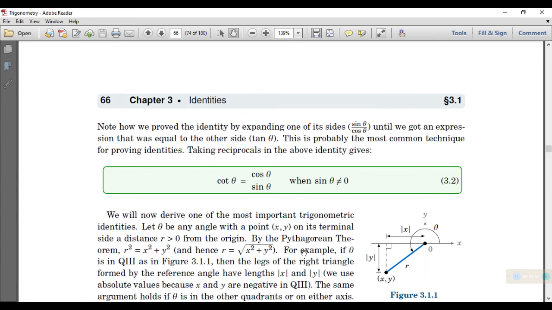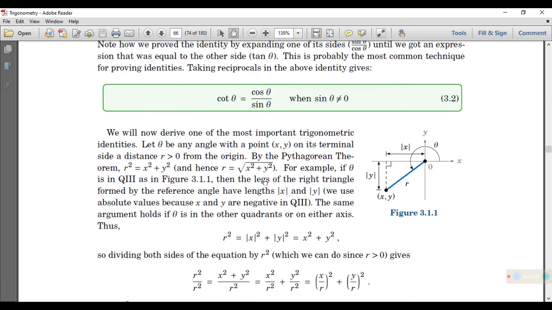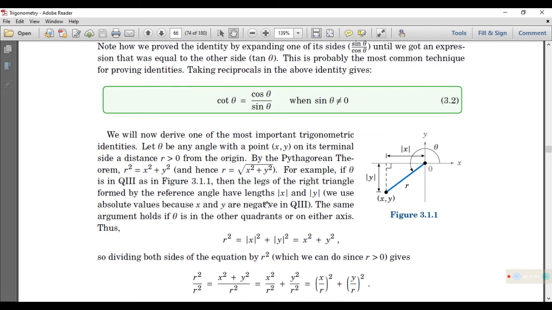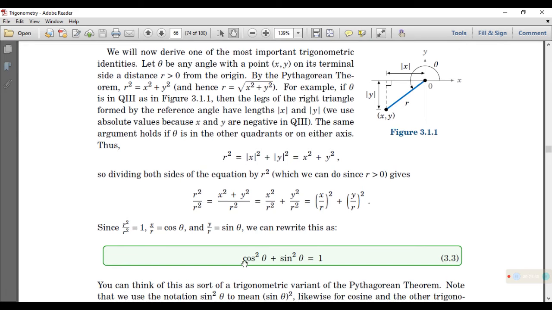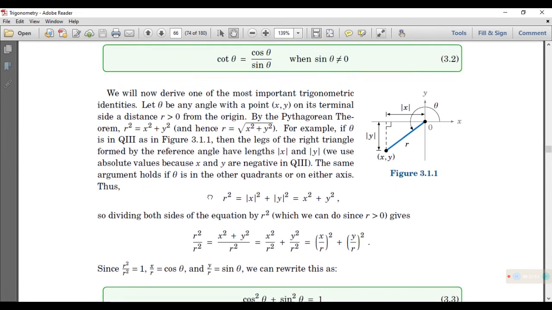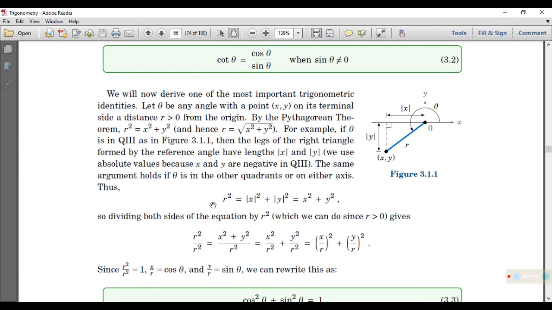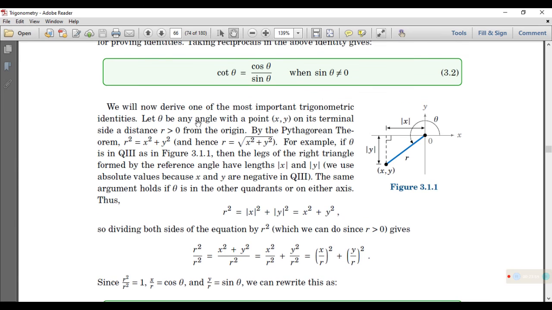Ayan. When sine theta is not equal to 0. Now, ano pa yung mga importanteng ideas natin when it comes to the trigonometric function values. So, dito, gumamit ulit tayo ng quadrants.